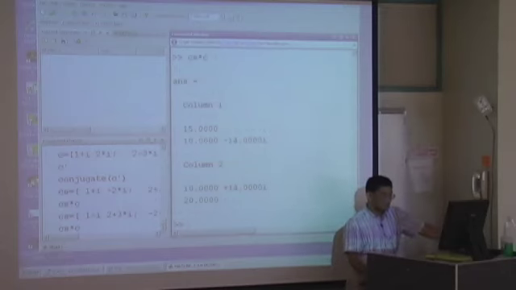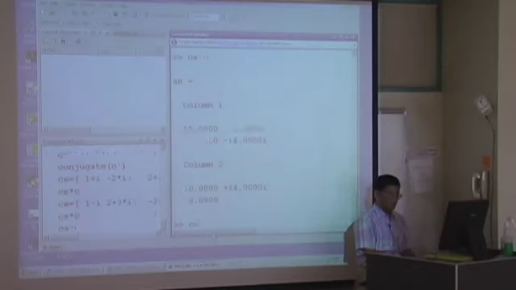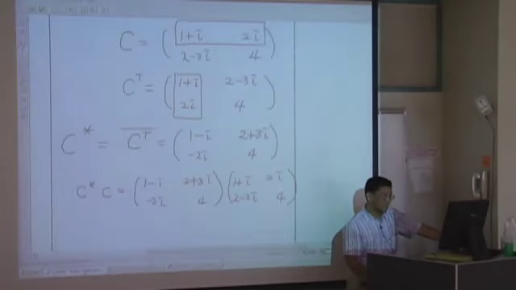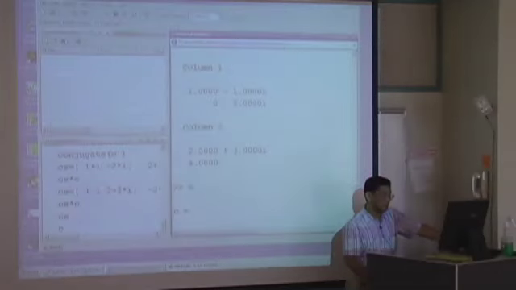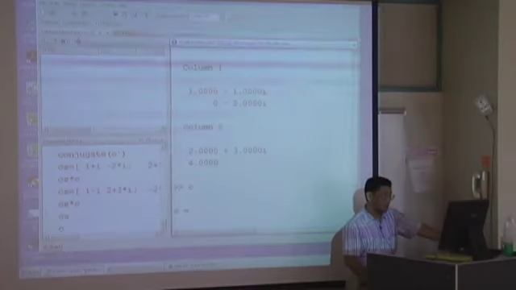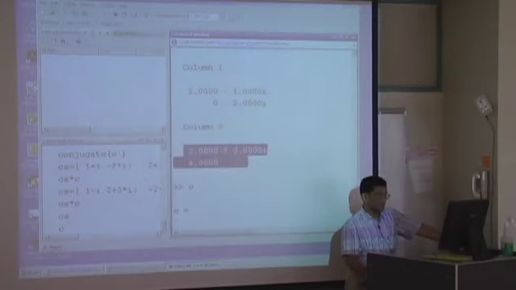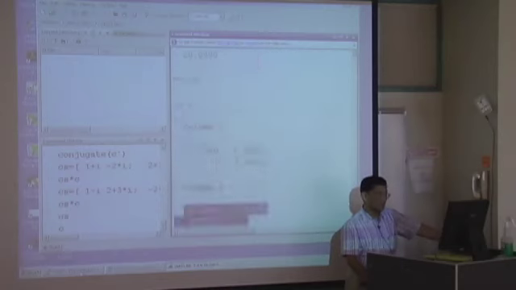Is something wrong? Let's type C star and C. C star is 1 minus i, 2 plus 3i, negative 2i, and then 4. Is C star correct or not? This is the first column, this is the second column. This is C star, right? And now C, is C correct?